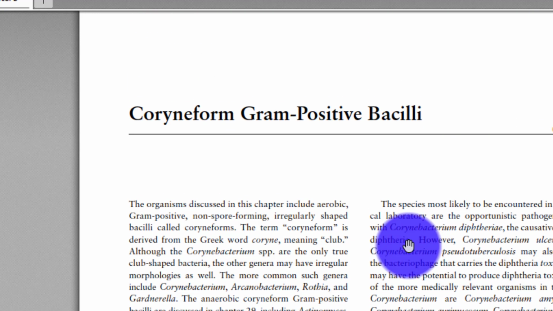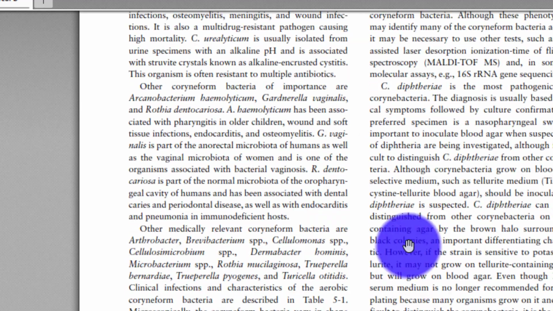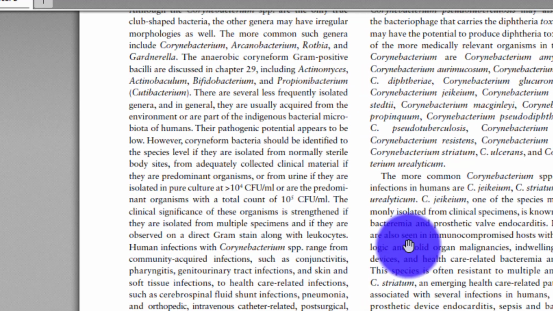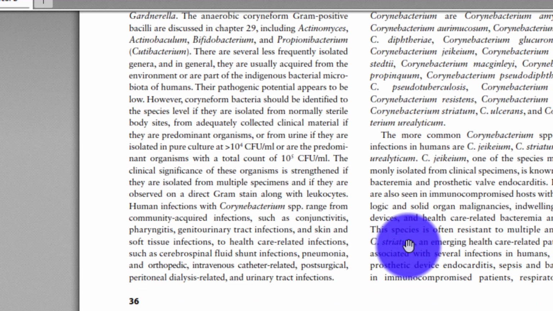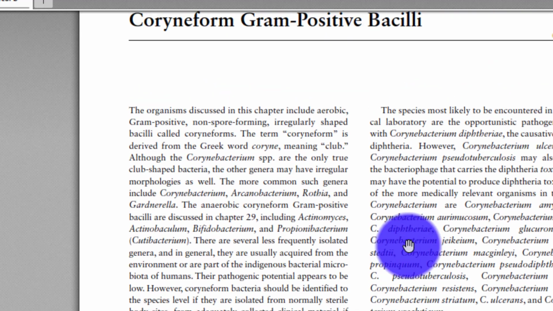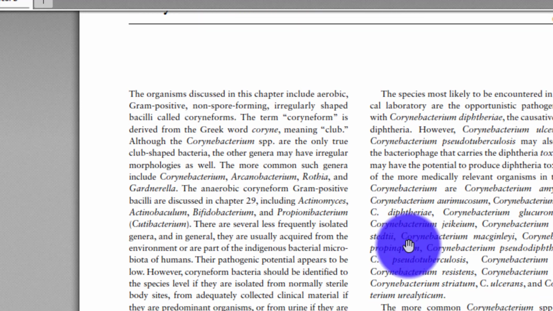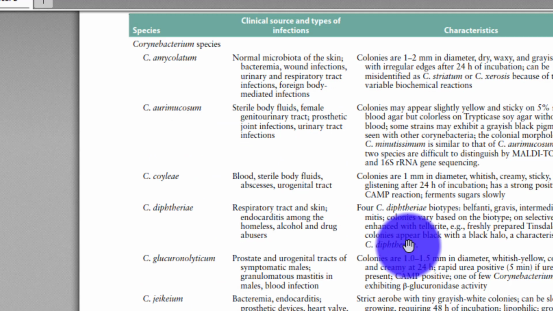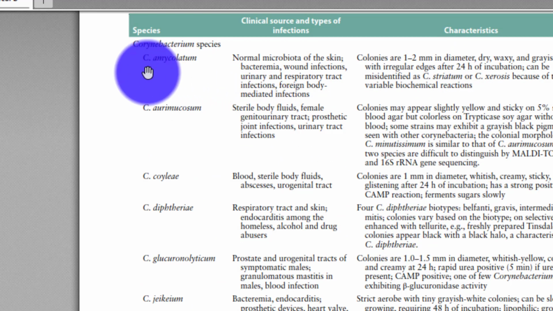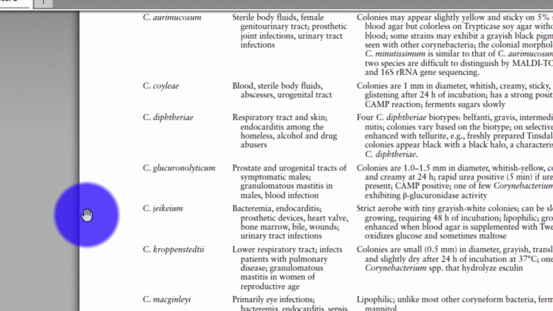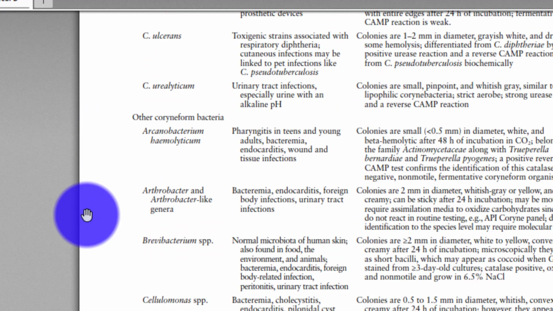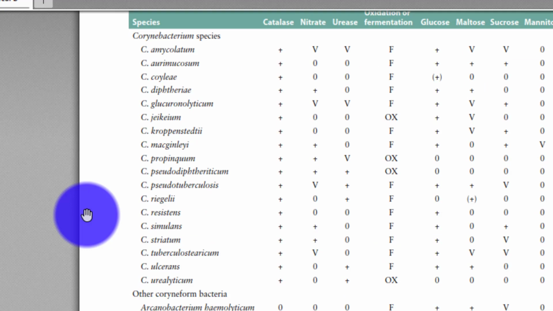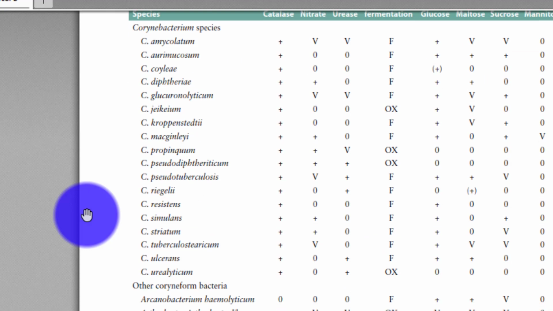Coryneform gram-positive bacilli, Corynebacterium, its classification. Organisms include coryneform bacteria. Here we classify clinical source, type of infection and characteristics. The biochemical test.